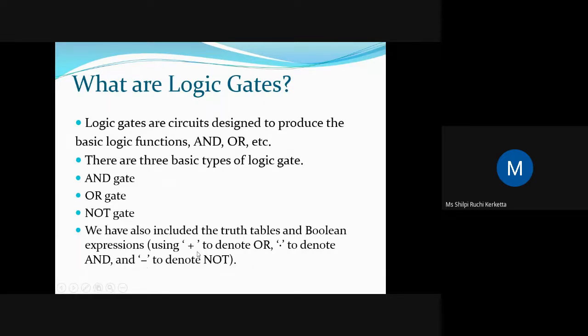Don't get confused: because AND is also called multiplication, it doesn't mean AND is plus. Here it is the opposite. The plus sign is used for OR, and dot means logical multiplication, which is used for AND, and this bar is used for the NOT gate.